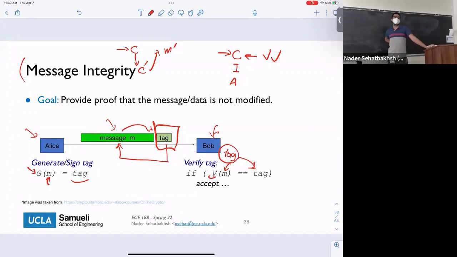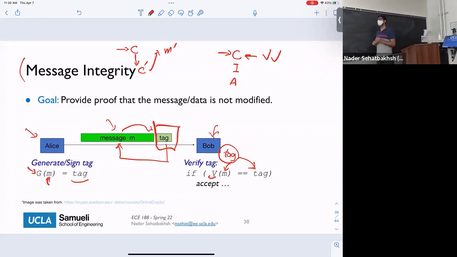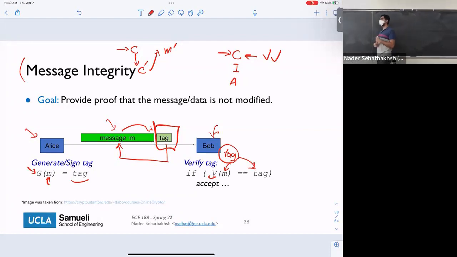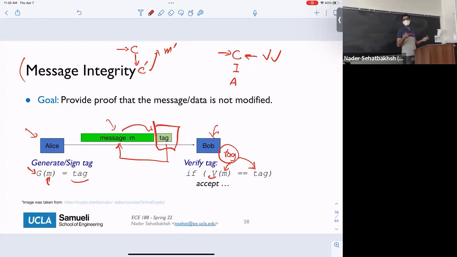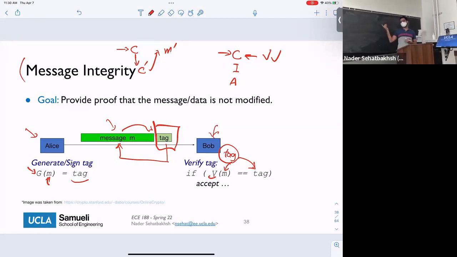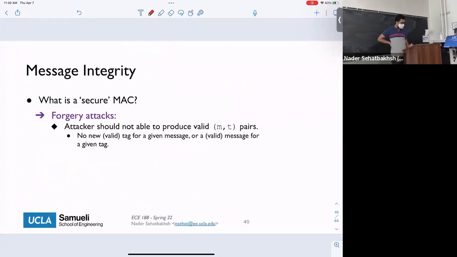You can generate a different tag, yes. Any other ideas? What's that? Replay attacks, exactly. You can just send the same message over again. You see the tag for that message, and the next time you just send the same tag and the same message. So there are two things that we can do.